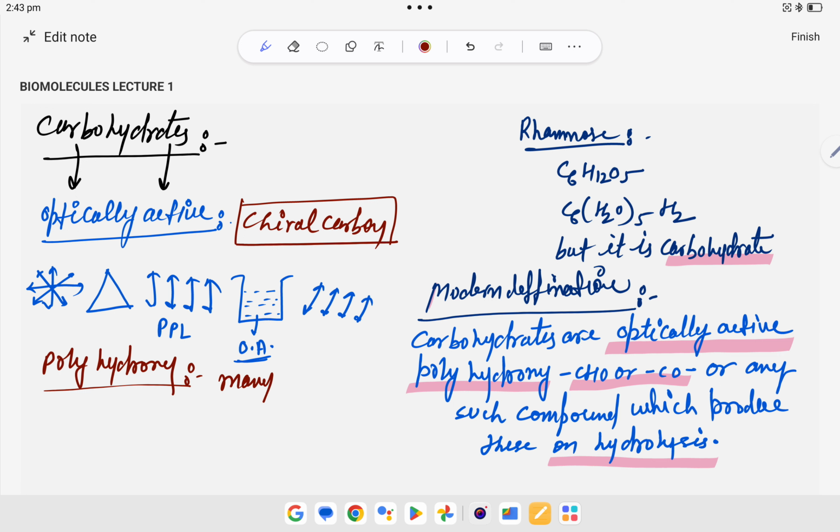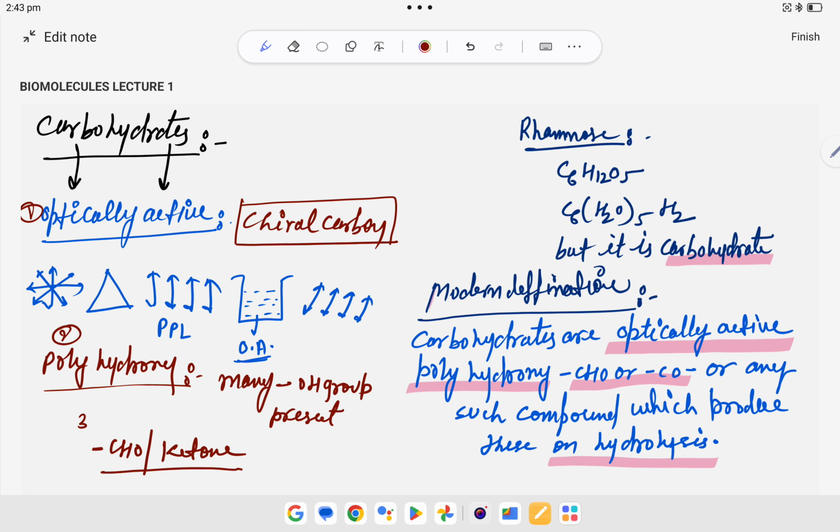In carbohydrates, many OH groups are present. And the third is either it is CHO or ketone.